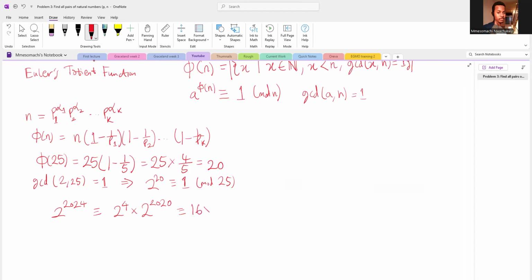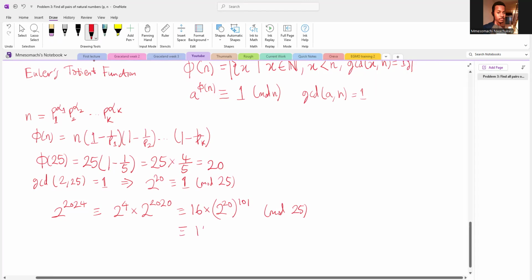16 times 2 to the power of 20 to the 101 mod 25, and this is congruent to just 16. So 2 to the power of 20 is 1, so 1 to the power of 101 mod 25 gives us just 16 mod 25.